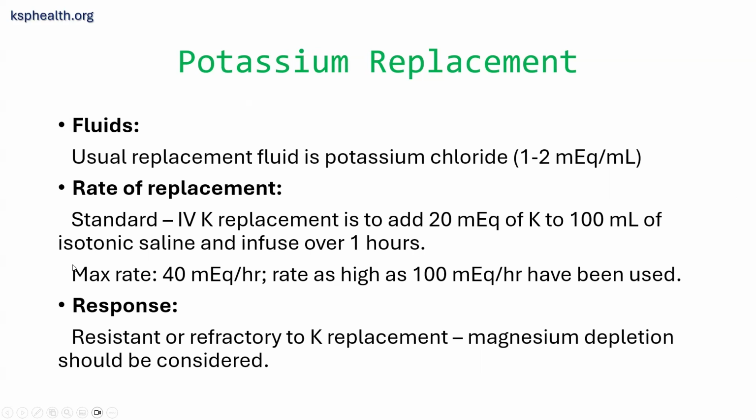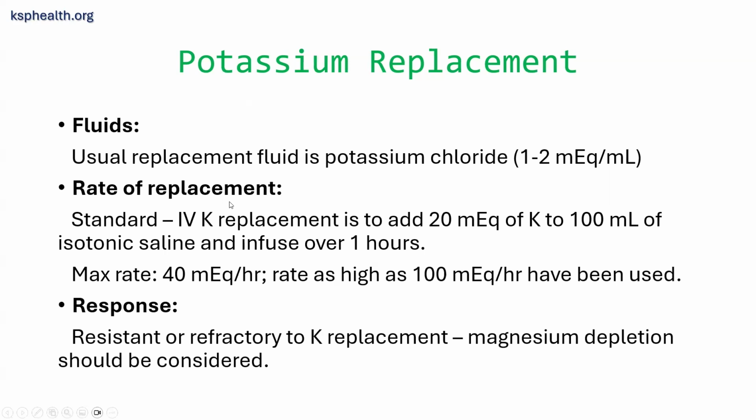If the hypokalemia is severe, you can go up to 40 milliequivalents per hour. There is a max we go up to, but this book says it can go all the way to 100 milliequivalents per liter.